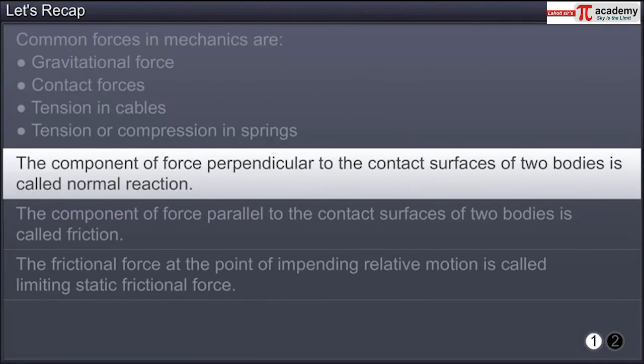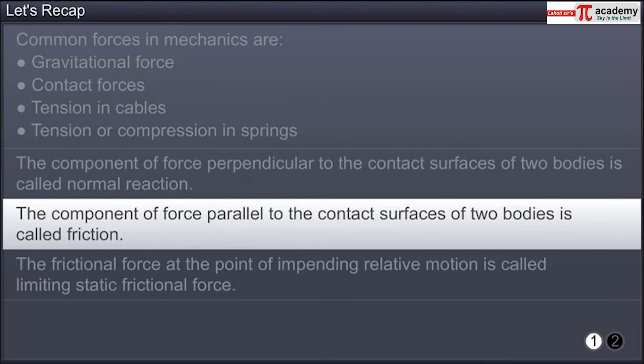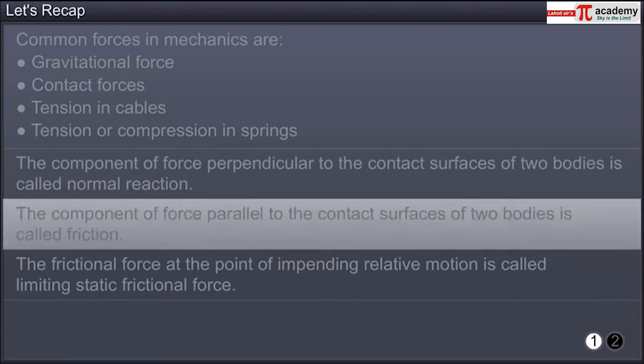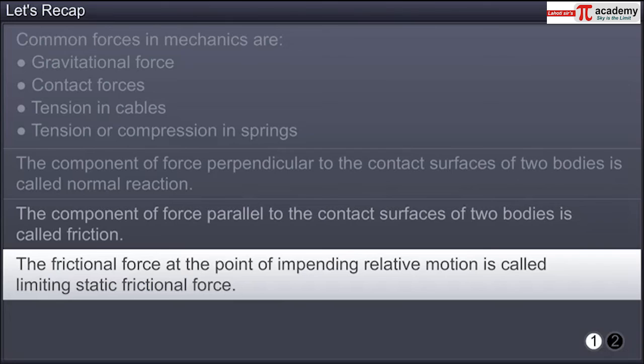The component of a force perpendicular to the contact surfaces of two bodies is called normal reaction. The component of force parallel to the contact surfaces of two bodies is called friction. The frictional force at the point of impending relative motion is called limiting static frictional force.